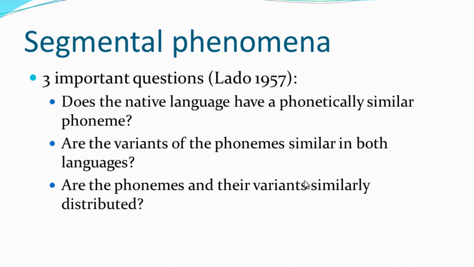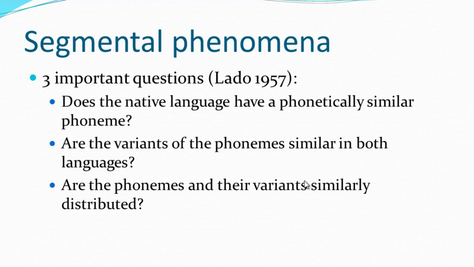Now, Lado suggests that we have to ask three key questions before we start investigating similarities and differences across language pairs. The first question is, does the native language have a phonetically similar phoneme?